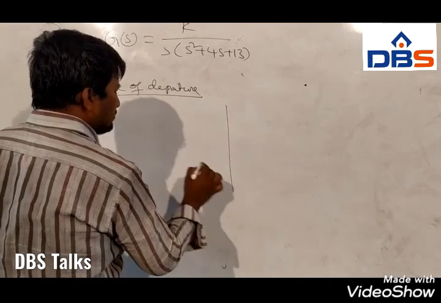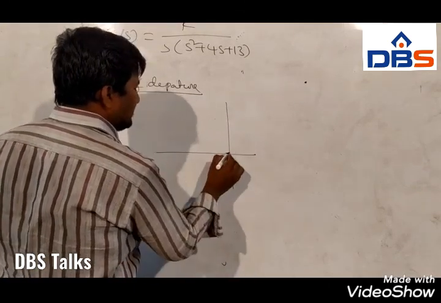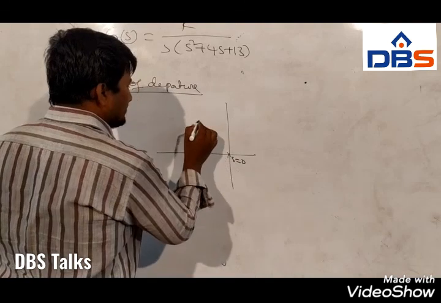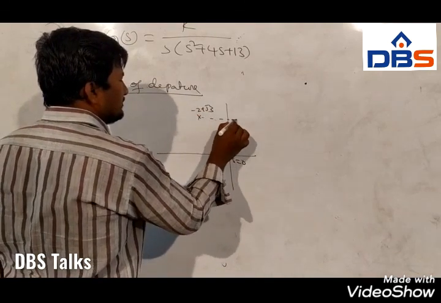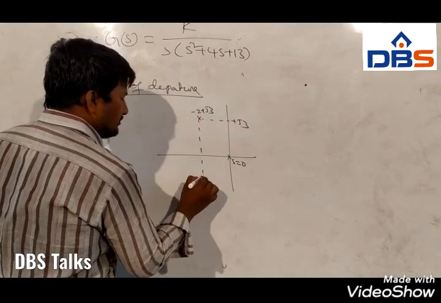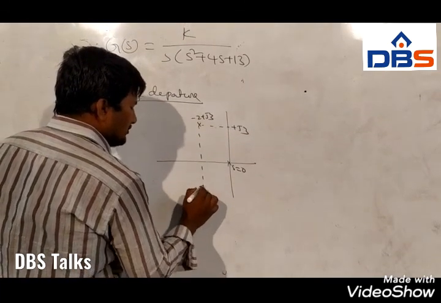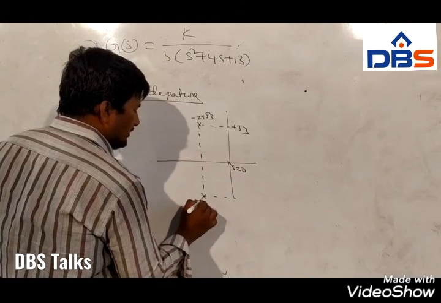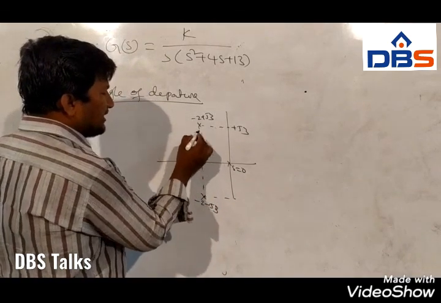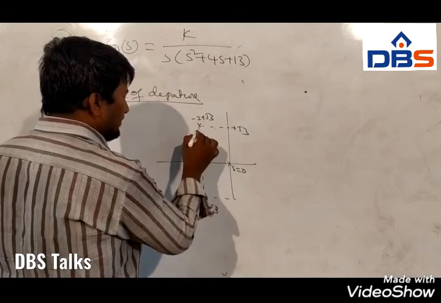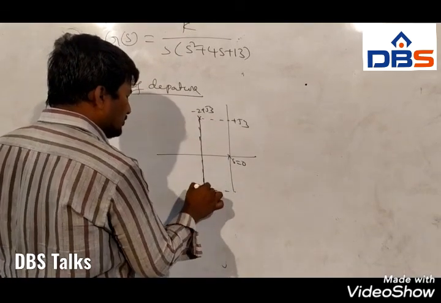So take the S plane, and this is S equal to 0, S equal to -2 plus j3, S equal to -2 minus j3. Now I have to calculate the angle of departure. So take straight lines from the poles.